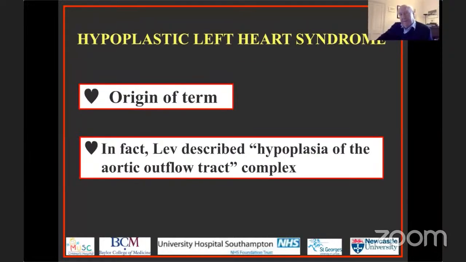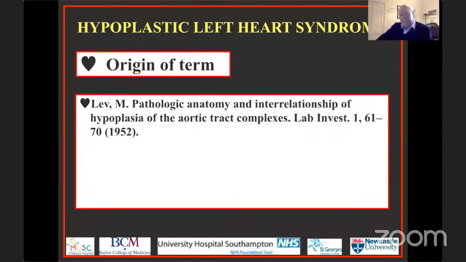But then, although Noonan and Nadas maintained it was Lev who coined the term hypoplastic left heart syndrome, that is not in fact true. Because what Lev was talking about as a pathologist and a morphologist was hypoplasia of the aortic outflow tract complex.